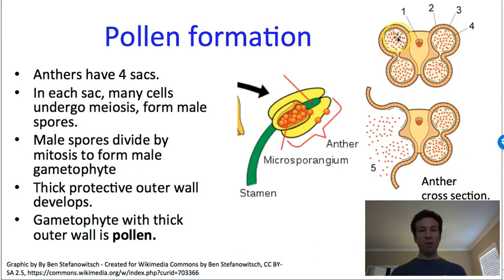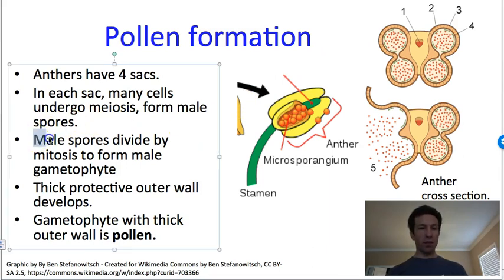Initially, what's formed inside each of these sacs is going to become a pollen grain, but it needs to develop to that point. So the initial thing produced are male spores. Remember that spores are always made by meiosis, and so spores are always haploid.